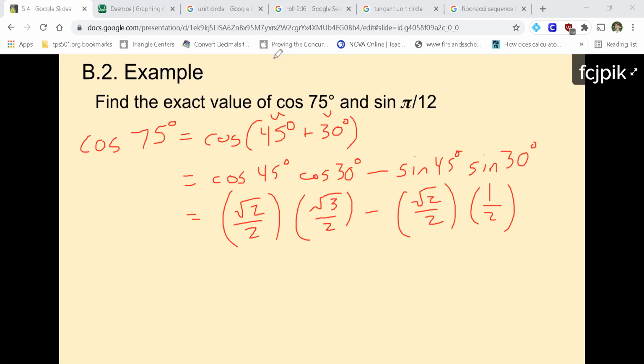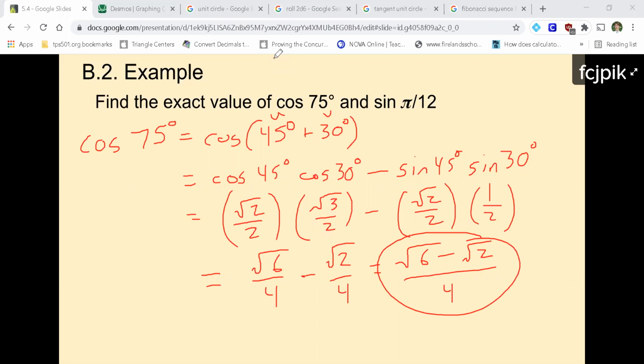And then the rest of this is now just simplifying. Square root of 2 times the square root of 3 is the square root of 6 over 4 minus the square root of 2 over 4. And those have a common denominator. So that's just square root of 6 minus the square root of 2 all over 4.